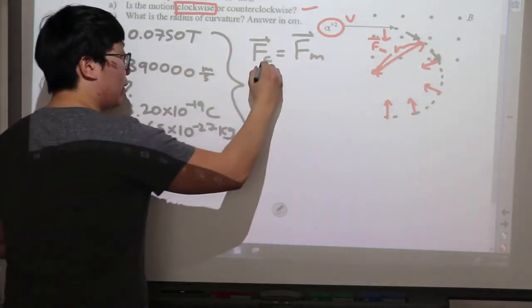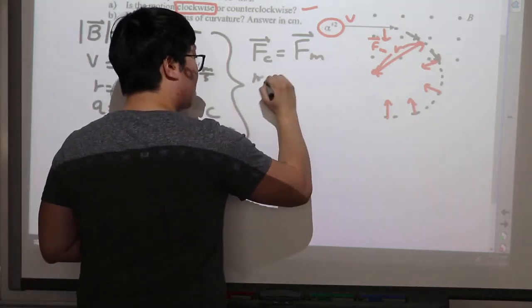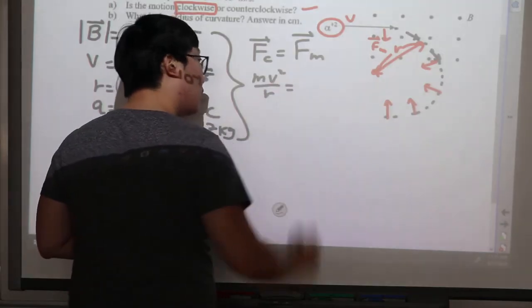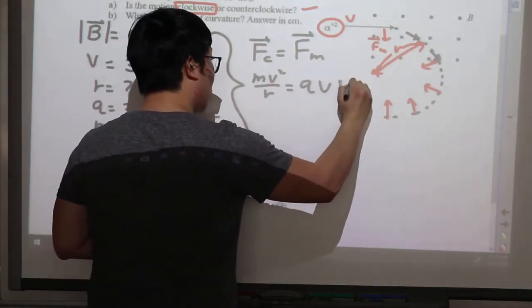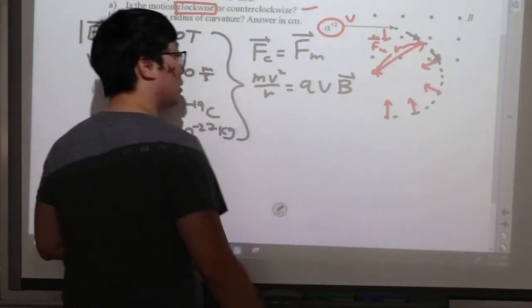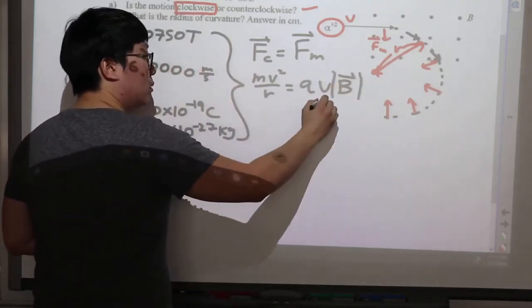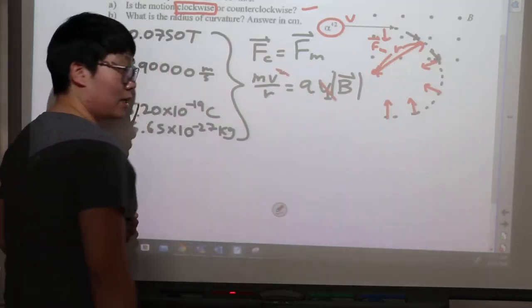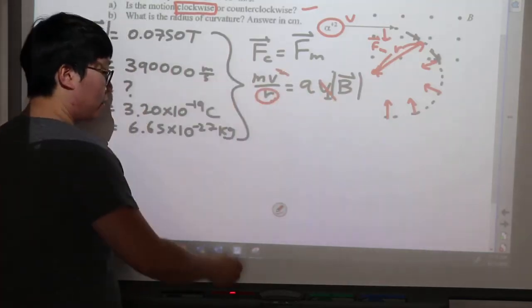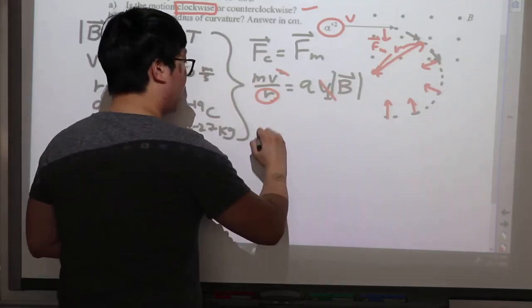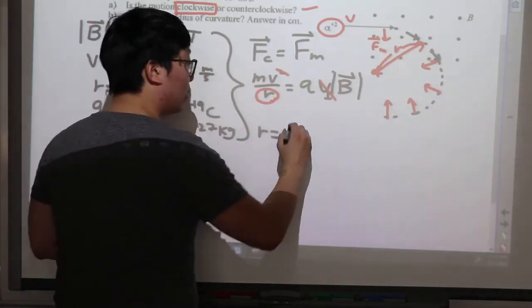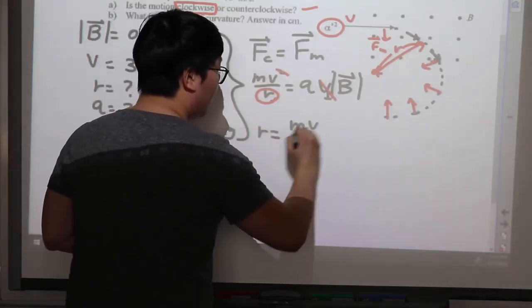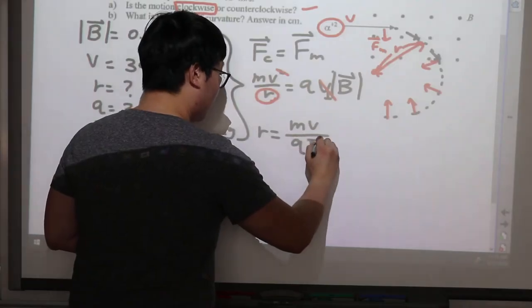Mass times acceleration, which I can write as mv squared over r, equals qvB. We can cancel one of the velocities out and isolate for r. R is therefore equal to mv over qB.